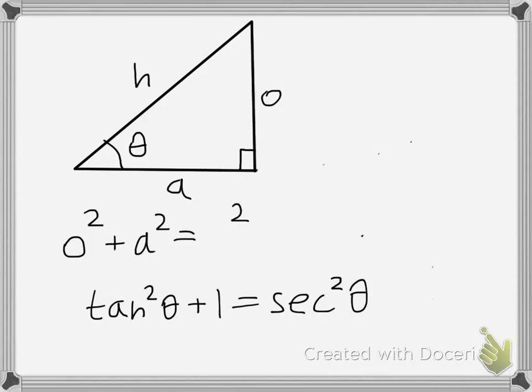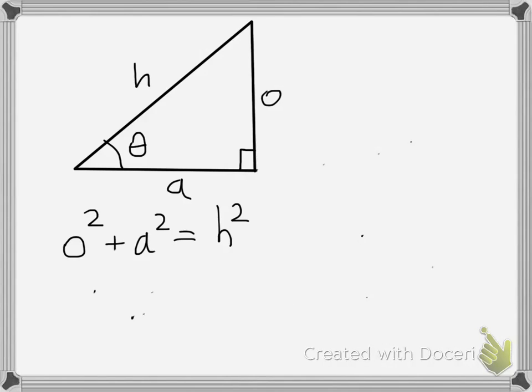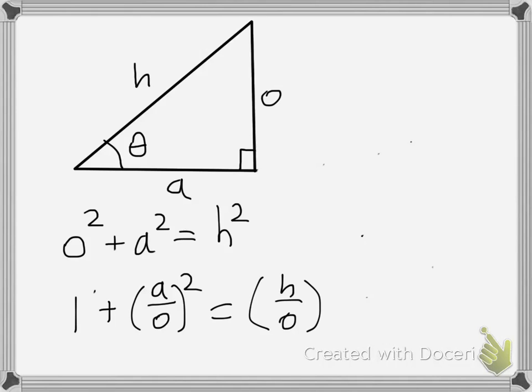The last trig identity comes from dividing both sides by O, or opposite. That means 1 plus (A over O) squared equals (H over O) squared. A over O is the reciprocal of tangent, which from my last video is cotangent.